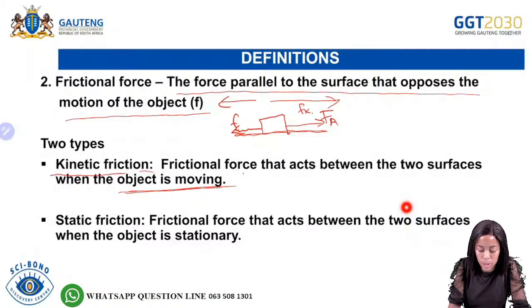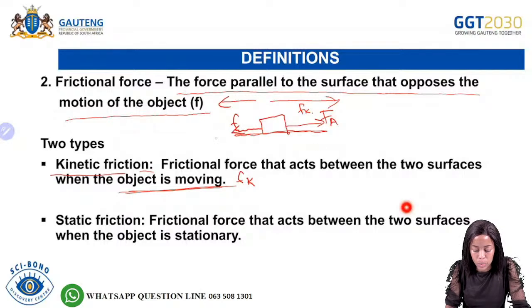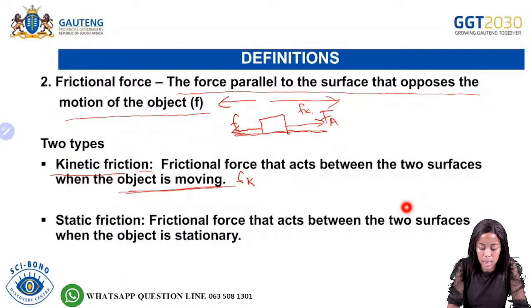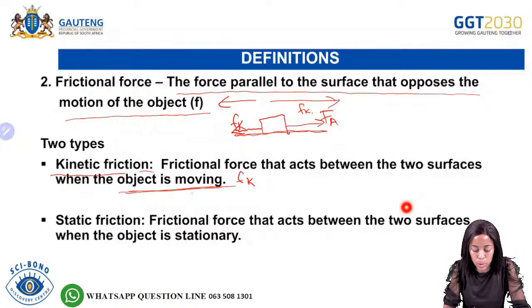We are going to represent it using a small letter F and a small letter K. So if you have the very same free body diagram and your kinetic friction, you are simply going to write F and small K. That would be your kinetic friction.